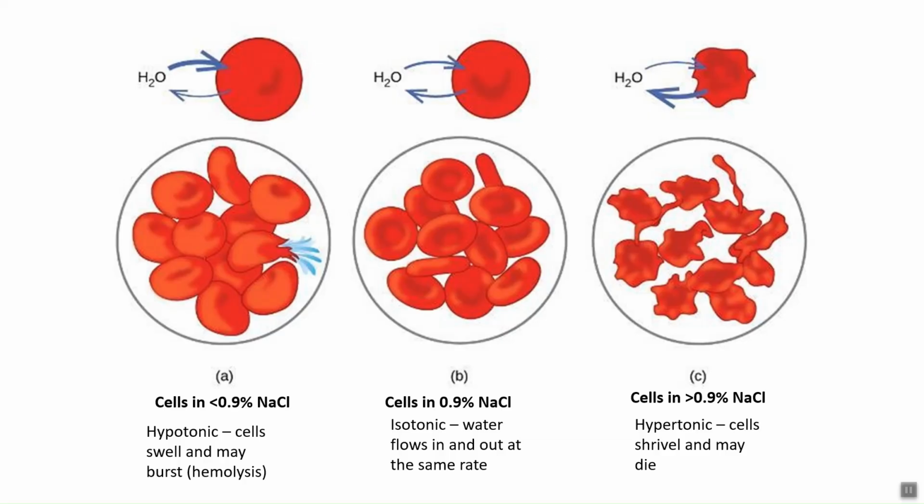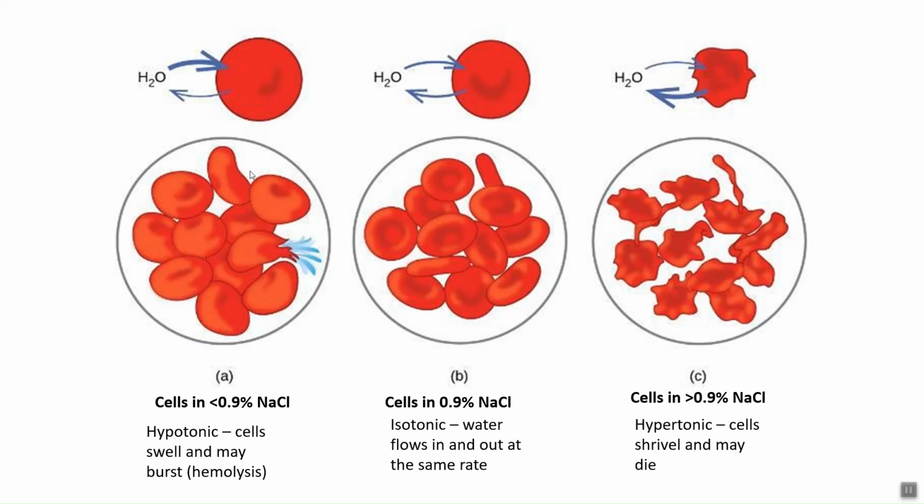But in this case, we're going to use NaCl as the solute. So what we're looking at here is an isotonic case. If we have 0.9% NaCl, water will flow into and out of the cells at the same rate, because the concentration of solute inside of the cell is 0.9%, and the concentration of salt water outside the cell is also 0.9%, so water flows in and out evenly.